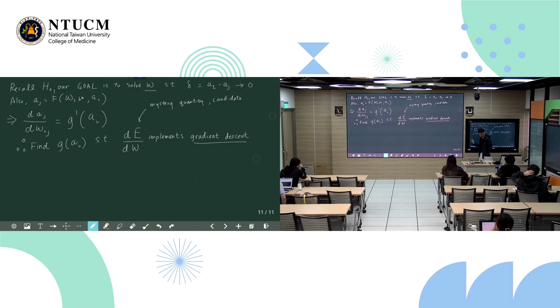Gradient descent looks like this. If I have changes in W, then how this quantity changes is going to have to look like this, gradient descent. It can be a curve or it can be a triangle, it doesn't matter.